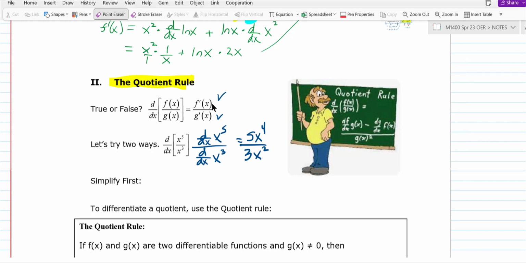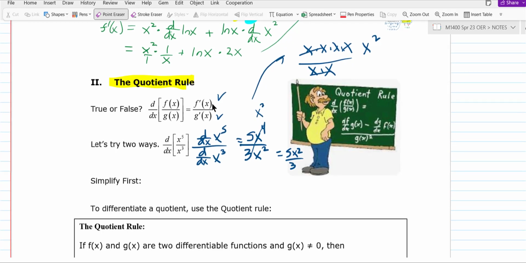Now, one thing I've been noticing, and this is common, if you're not sure about your exponent rules, just write stuff out. That's what x to the 4th over x squared means, so you're left with x squared. The shortcut is to just do the top exponent minus the bottom exponent. So you would get 5x to the 2nd over 3. What happens is that cancels out, leaving you 5x to the 2nd.